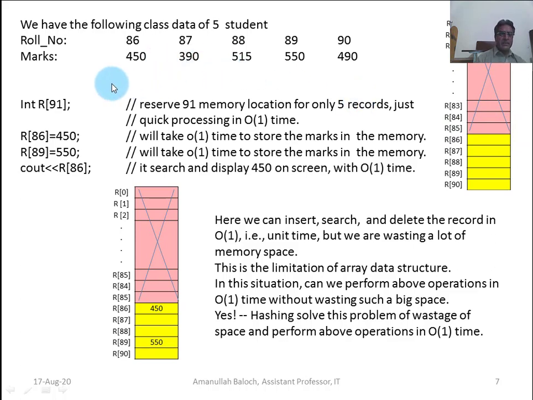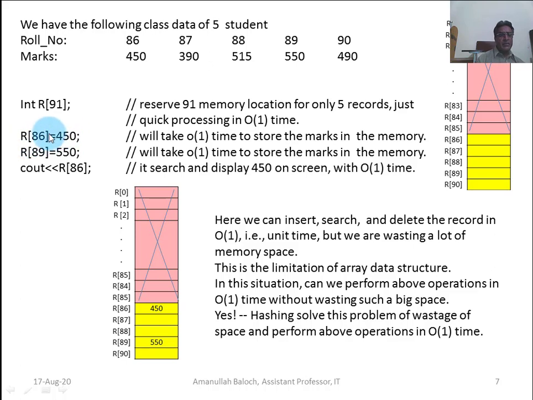You can think of it like this: how the array works fast is that it inserts an element, displays an element, and modifies an element very quickly in O of 1 time. int r of 91, then it will create an array of integers from 0 to 90. Let's say a statement r of 86 is equal to 450.